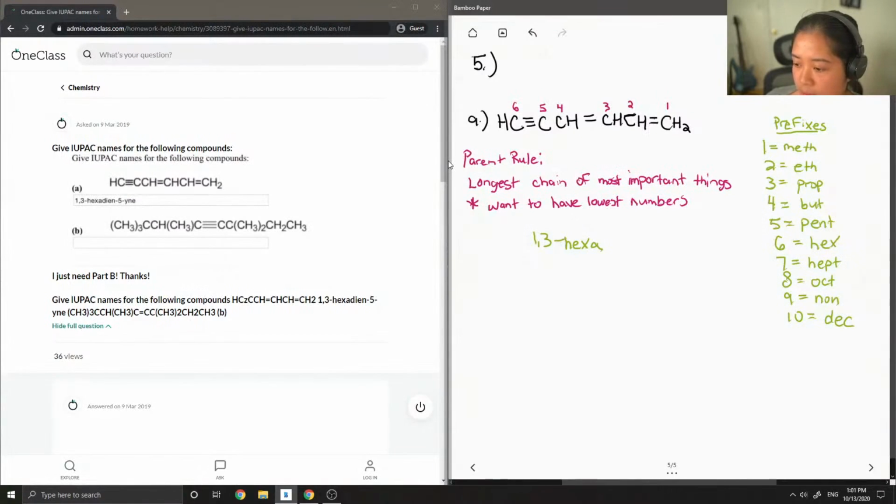Since there's 2 of them, I'm going to write di-ene. So for ene, that means there's a double bond involved. And to show that I have a triple bond here, I'm going to say carbon number 5, there is a triple bond, yne.